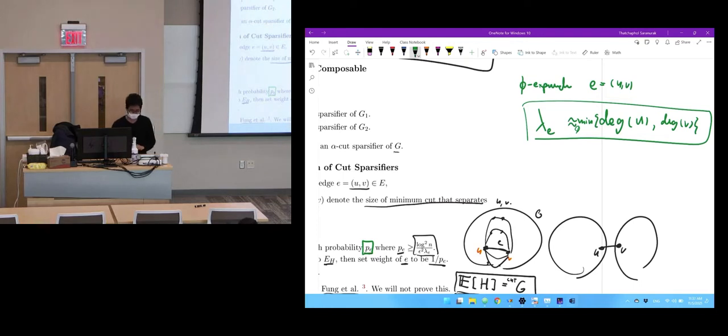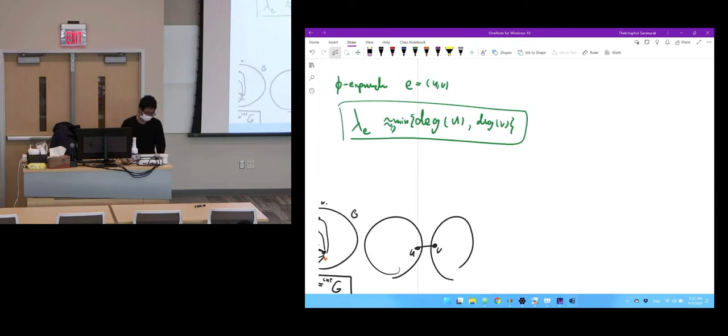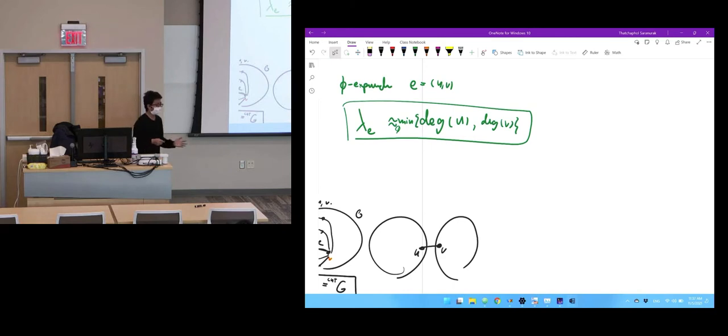So this turns out to be a very powerful trick, actually. For any problem that is composable, like spanner or cut sparsifier, you immediately can assume that the graph is just an expander and come up with a fast algorithm on the expander.